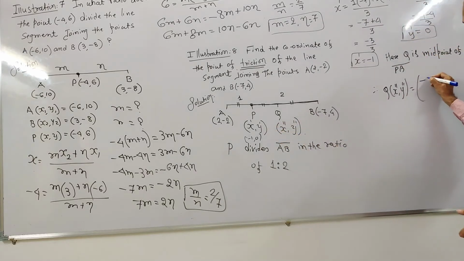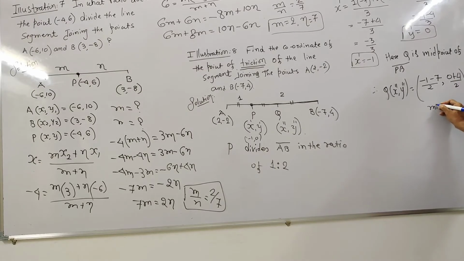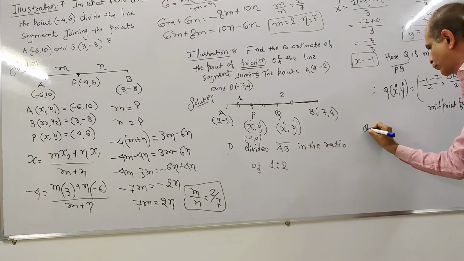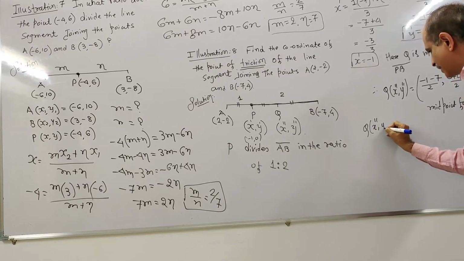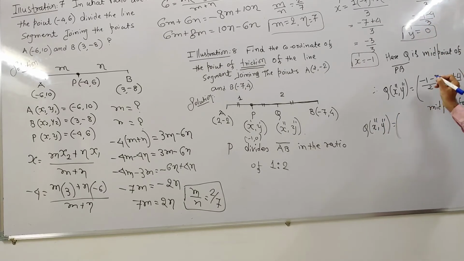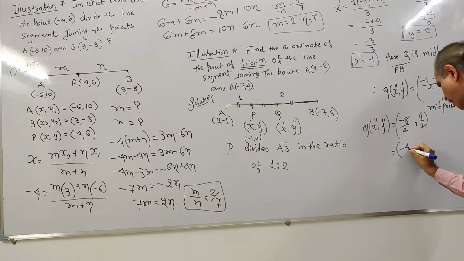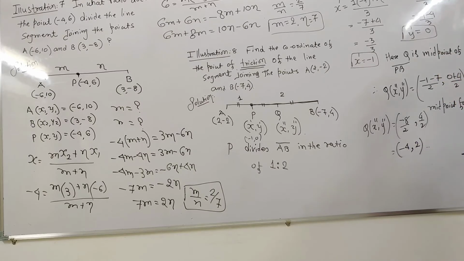So you can write ((-1 - 7) by 2, (0 + 4) by 2). So Q (x'', y'') is equal to (-8 by 2, 4 by 2). So your answer is (-4, 2).